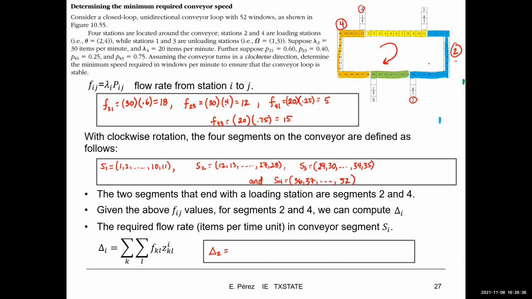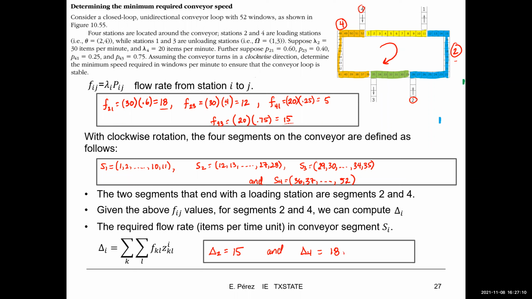So you will have 18. And delta 4 is going to be equal to 18. So that's coming from here and here.